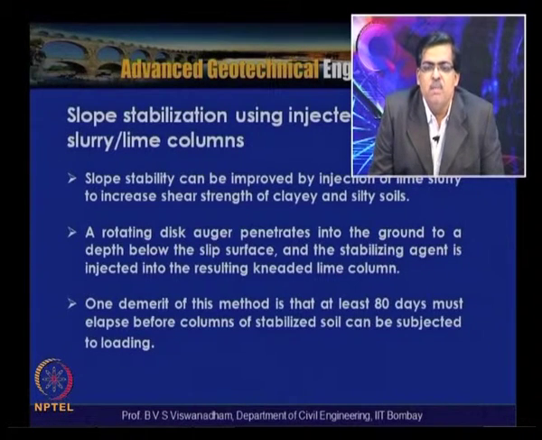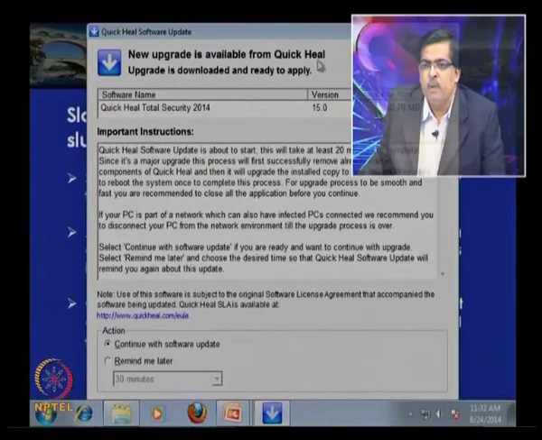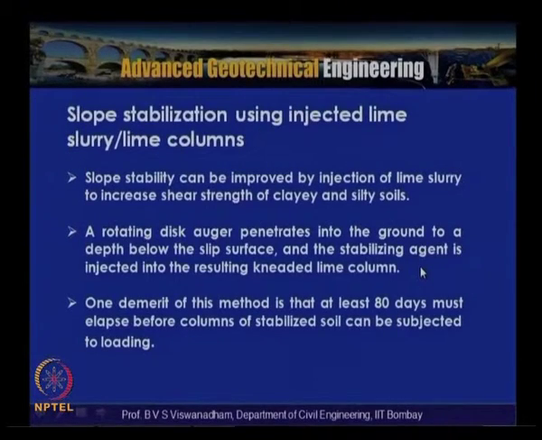The slope stability can be improved by injection of lime or lime fly ash in appropriate combinations in the form of a slurry to increase the shear strength of clay and silty soils. This is also sometimes done in the form of lime columns or lime piles, wherein, similar to stone columns, a drilled hole is filled with lime of an appropriate type of material as specified.